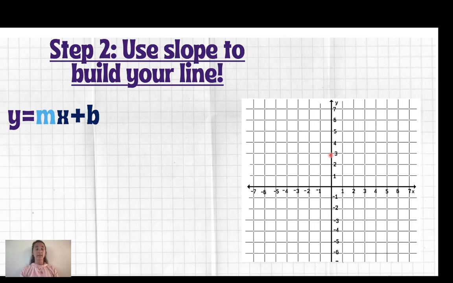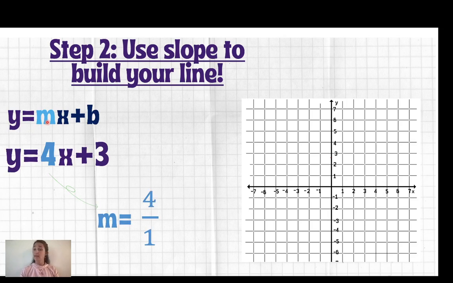The other nice thing that this form gives us is our slope. If we know one point on the line and we know the slope, then we can find additional points. In our case, the slope m is equal to 4. This can also be written as 4 over 1, where 4 represents the rise and 1 represents the run.